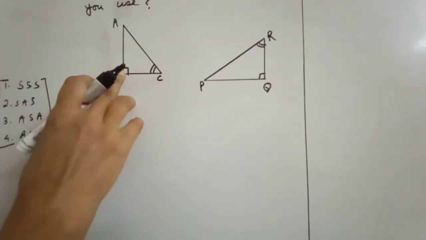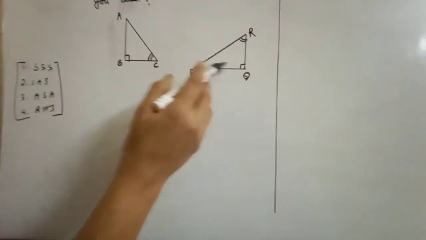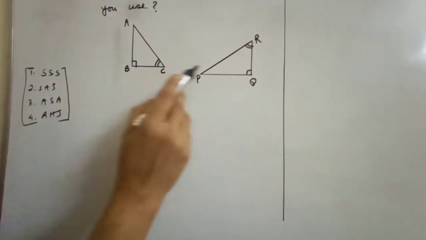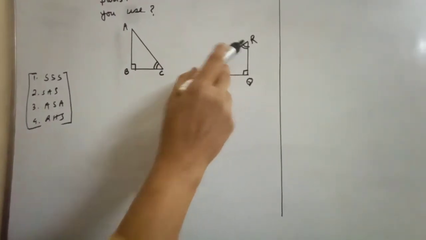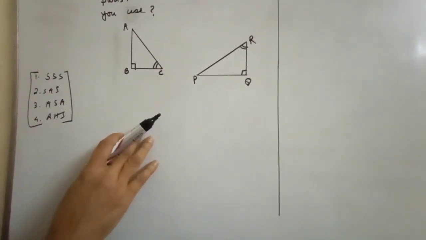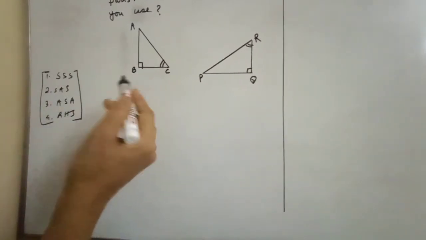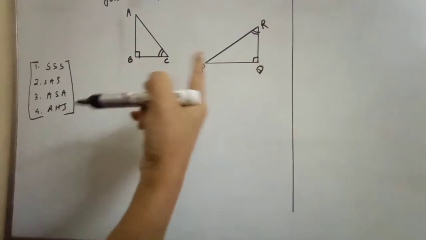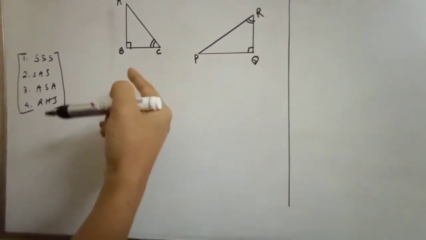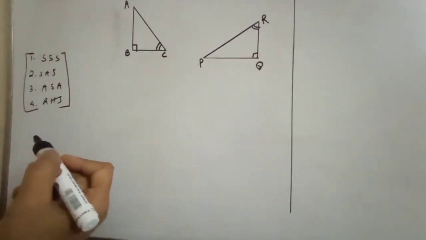But here only two corresponding parts are given. Angle B and angle Q are equal, and angle C and angle R are also given equal. But which one corresponding part do you have to choose so that you can make these two triangles congruent?